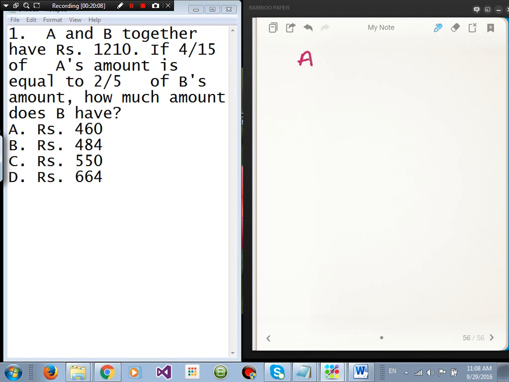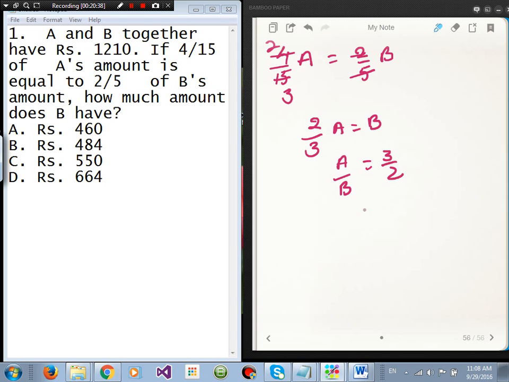When you go for the A, that is 4 by 15 of A is equal to 2 by 5 of B. Okay, in this case here 2 in 4 2 times, 5 in 15 3 times. 2 by 3 of A is equal to B. Now A by B is equal to 3 by 2. Now A is to B is equal to 3 is to 2.